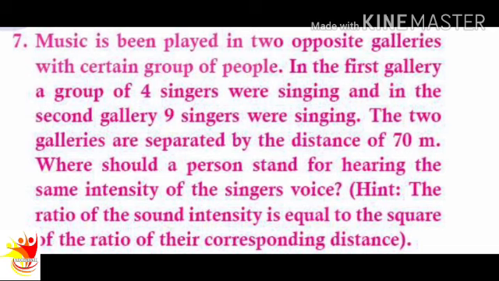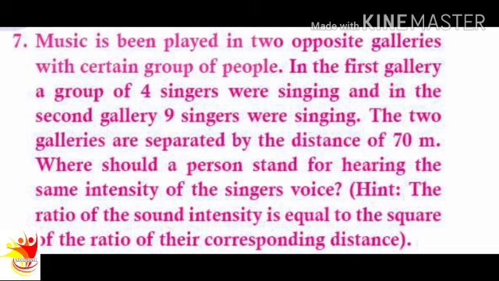Music is being played in 2 opposite galleries with a certain group of people. In the first gallery, a group of 4 singers were singing, and in the second gallery 9 singers were singing. The 2 galleries are separated by a distance of 70 meters.